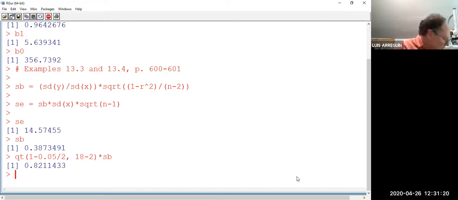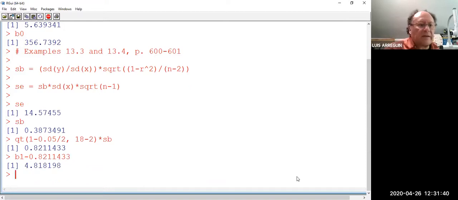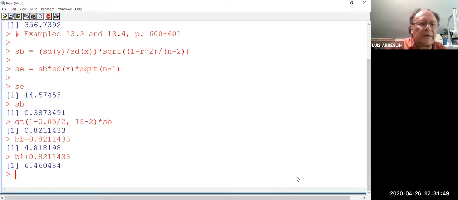Then we need to add and subtract that margin of error from b1. So we have b1 minus 0.821143, and if we do that, we get the lower limit, and then we're going to add that value to get the upper limit.